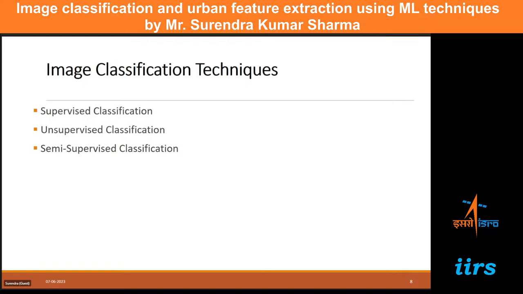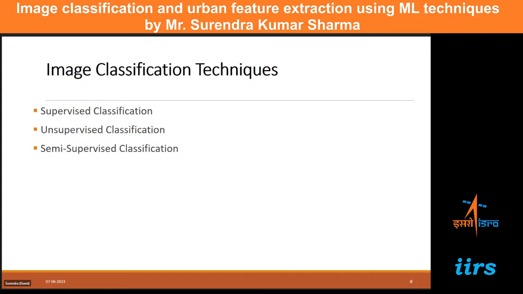Then there are different image classification techniques. You must have heard about these techniques: supervised classification, unsupervised classification, then semi-supervised classification. In supervised classification, we have input data and also we have the output data or labeled data.